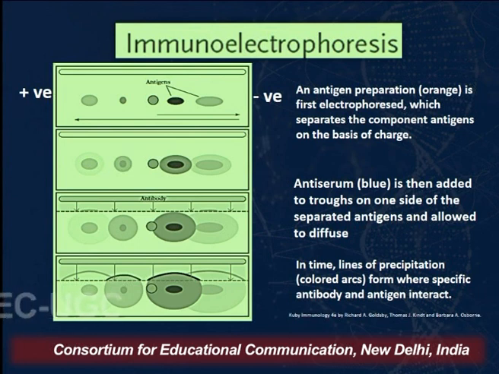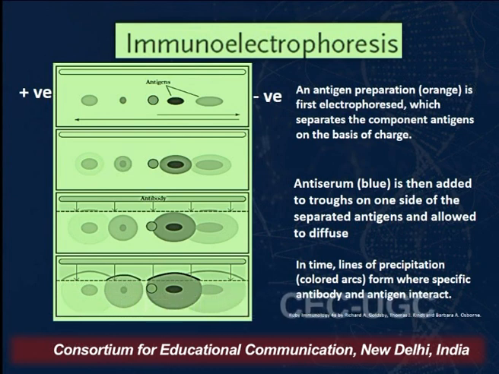This image shows how exactly immunoelectrophoresis functions. The antigen is loaded into the central well, and it gets electrophoresed based on its charge, moving towards the positive or the negative electrode accordingly. Once it has moved, the anti-serum or antibody is loaded onto the troughs on one side of the separated antigens and allowed to diffuse.